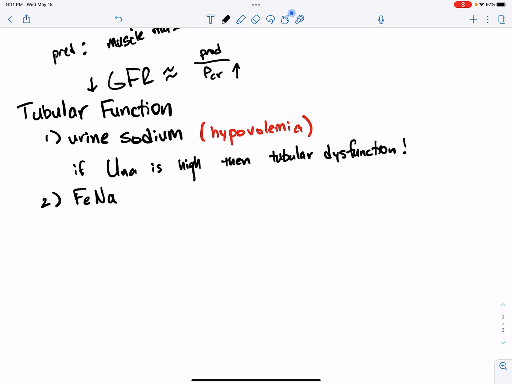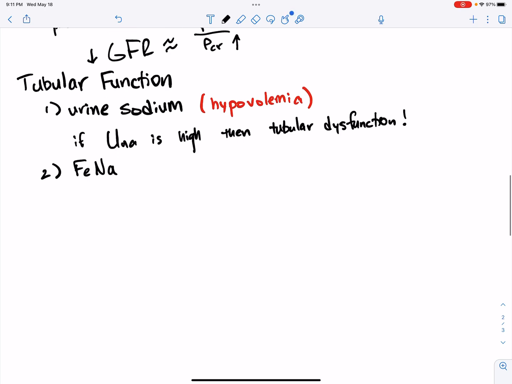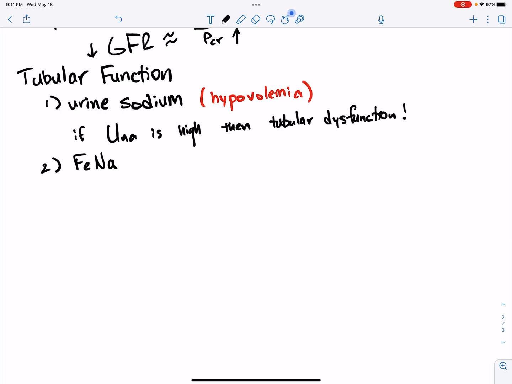The way that we calculate FeNa, there's a complicated formula that is a multiplication of different quantities. The way that I like to think about FeNa is it's the clearance of sodium divided by the clearance of creatinine. And remember, the clearance of creatinine is going to be equal to our GFR, right?